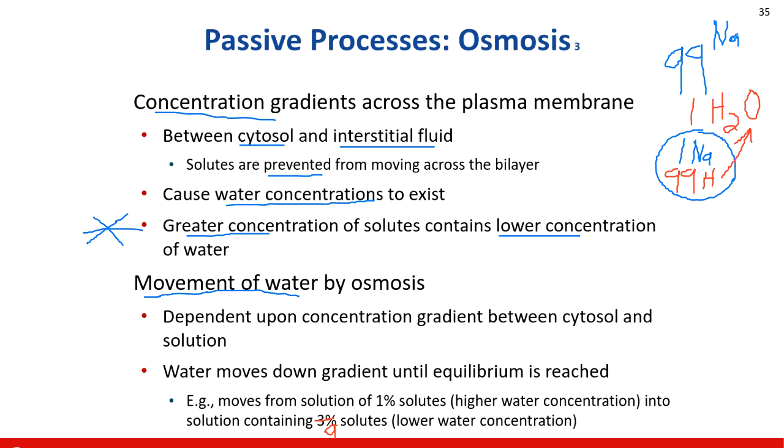But what we can say is that water is going to move from a solution, which is the inside of the cell, the cytosol, of that 1% solutes, which has that higher water concentration, into the solution, which is that space outside the cell, where we saw 99 solutes, the lower water concentration. See? Lower water concentration outside the cell, but the higher solute concentration.